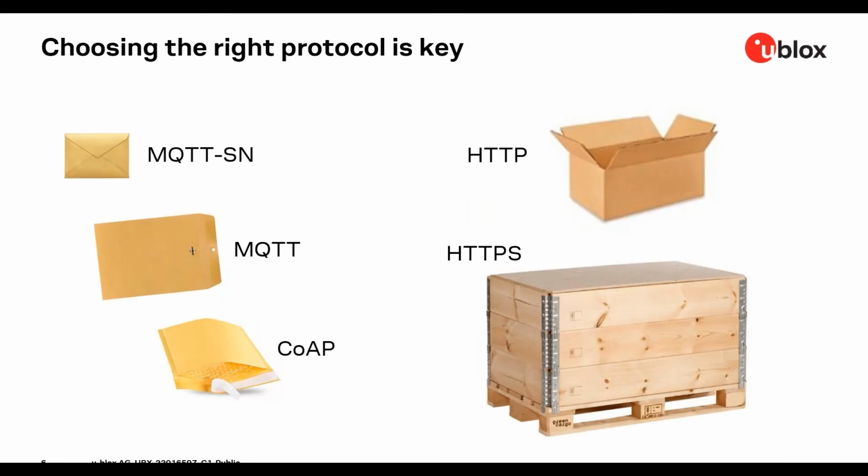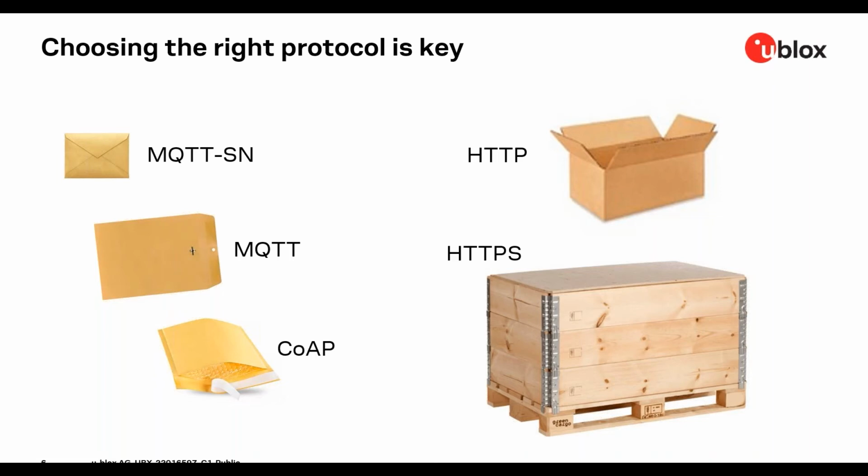So choosing the right protocol is key. And what we're doing here is using the analogy of packaging. You can think of your data or your payload as the message, and the protocol is sort of the packaging, the envelope that is surrounding your message. And you can see that there's a range of sizes associated with this packaging, as small as an envelope to the left for MQTT SN.